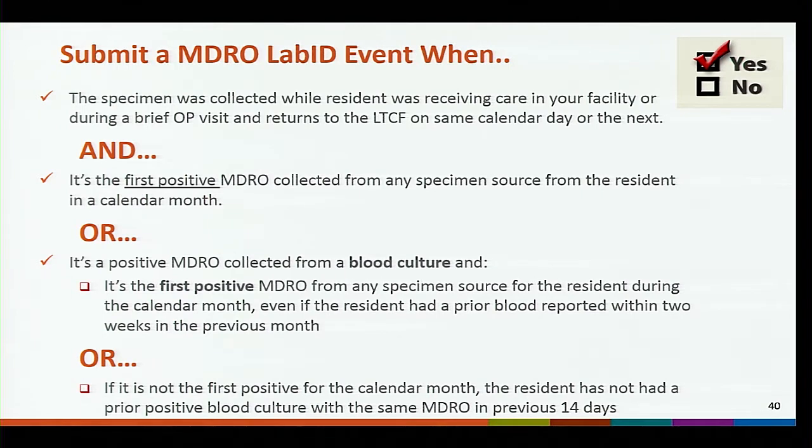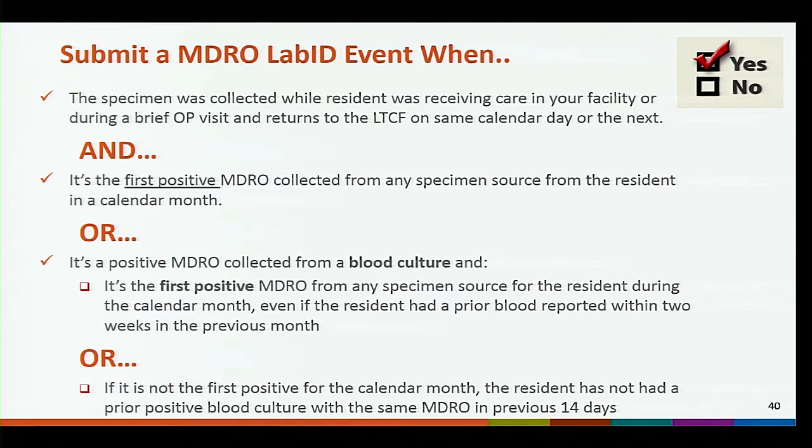Okay, now I'm getting down to where it's going to differ a little bit. Additionally, that specimen is the first positive MDRO collected from any specimen source for the resident during a calendar month, or if it is not the first positive, it is a positive MDRO collected from a blood source, and that's what we call the unique blood source.